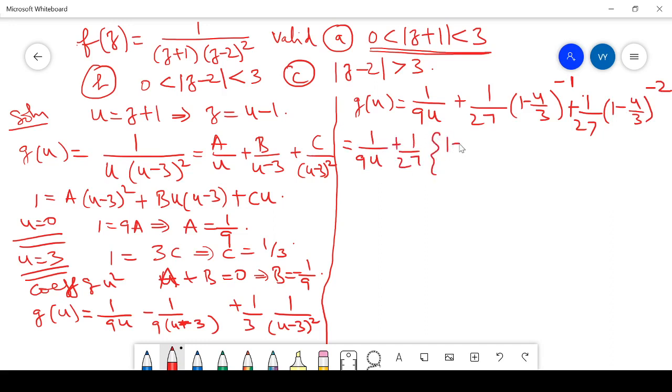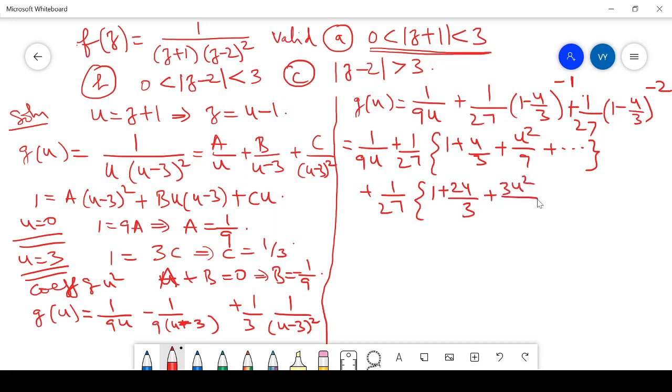Expansion of this will give you 1 plus u by 3 plus u squared by 9 plus so on, and the other term will give you 1 by 27 into 1 plus 2u by 3 plus 3u squared by 9 plus so on. This is valid if modulus of u by 3 less than 1.